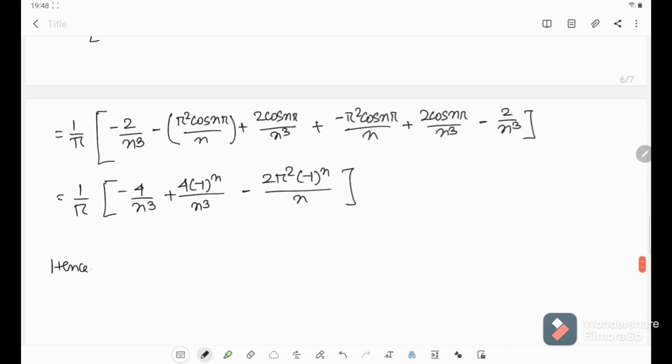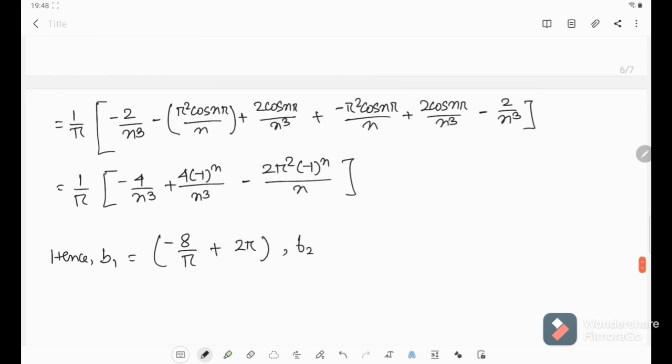Hence b1 is equal to 1 by pi, let's take 1 by pi inside, so we will ultimately get for n equal to 1, that would be minus 8 by pi, and it would be also plus 2 pi.